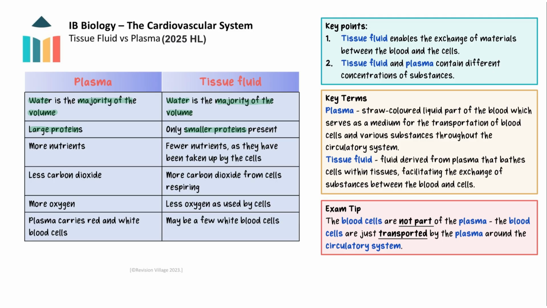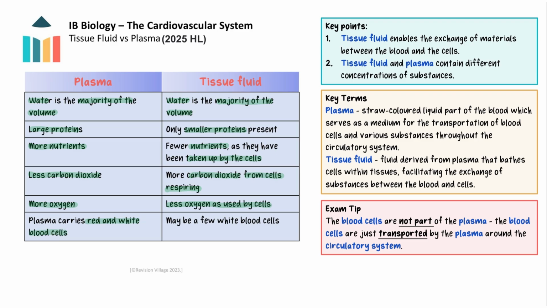In the plasma, there are more nutrients, because in the tissue fluid, some have been taken up by the cells. There is less carbon dioxide in plasma, because in the tissue fluid, carbon dioxide is diffused out from the cells which have been carrying out aerobic respiration. In the plasma there is more oxygen, because some of the oxygen in the tissue fluid has been taken up by the cells to be used in aerobic respiration.